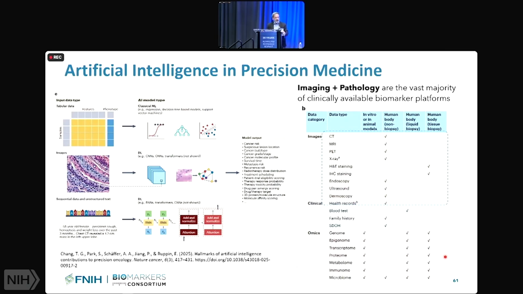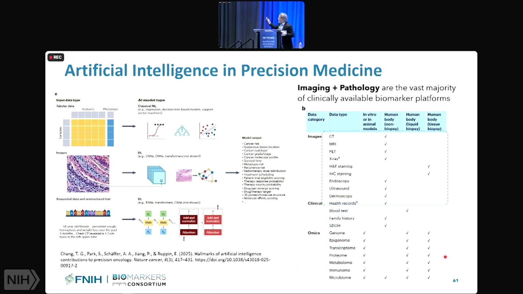So this is just giving an overview of how AI works, essentially, where we can take various data inputs. Let's see if this works for pointer-wise. But we can take various imaging inputs on the left, whether it's imaging data or NGS-based data, put them into various machine learning models and make predictions. At the end of the day, that's what we're trying to do.